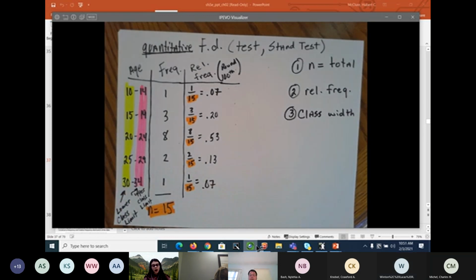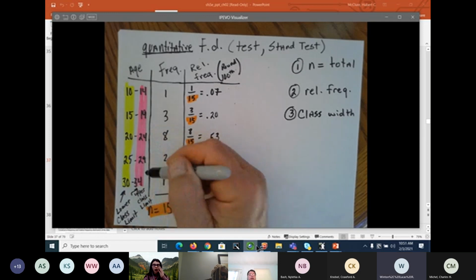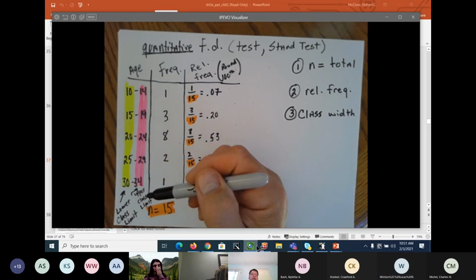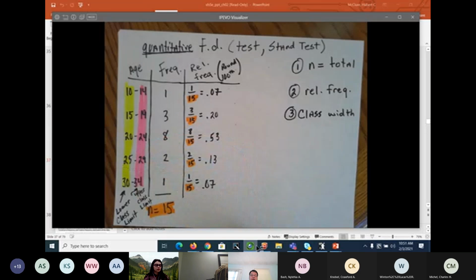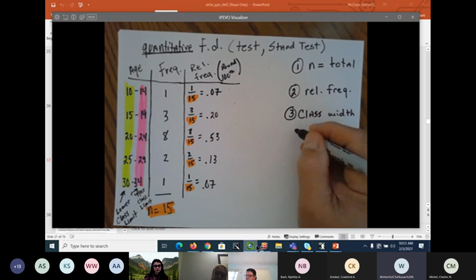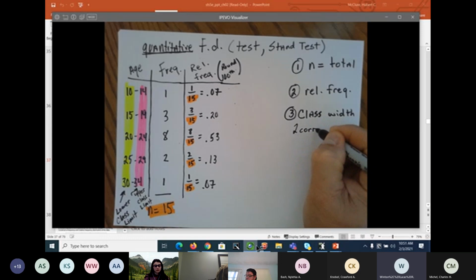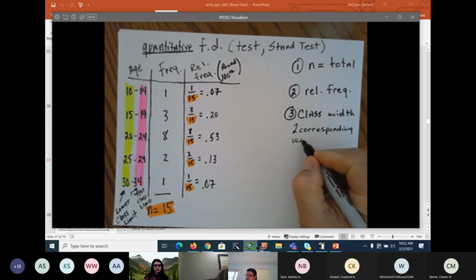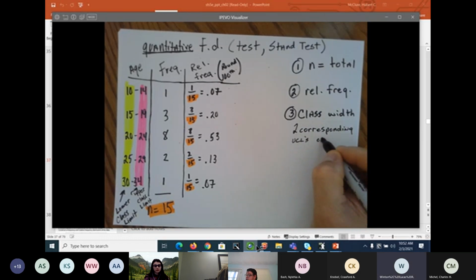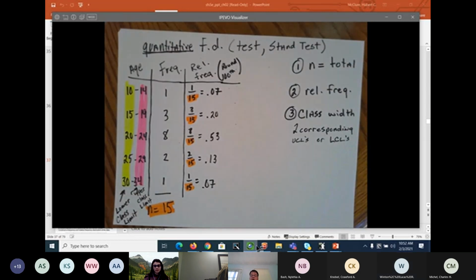Okay, so the pink side is your upper class limits, and your yellow side is your lower class limits. Now, to find the class width, you take two corresponding upper class limits or lower class limits, and I want you to pick whichever one you want.